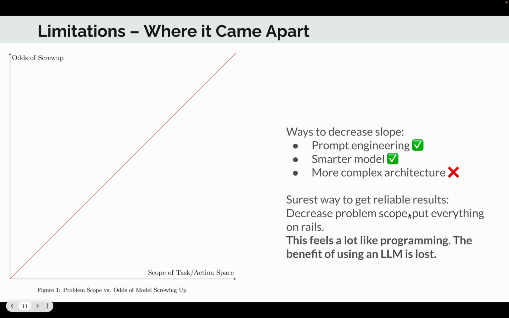So in the end, what we did was the surest way to make it as reliable as possible, and that was to really put the LLM on rails and give it just a sort of linear set of tasks to hit. And in the end, that felt a lot like programming.